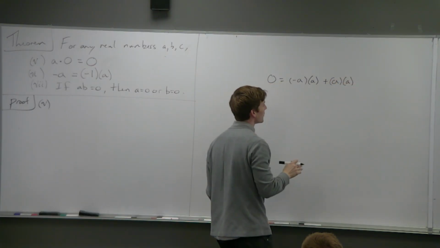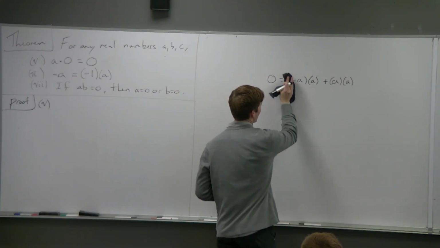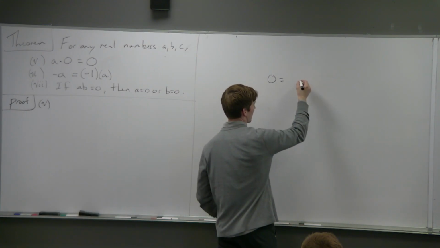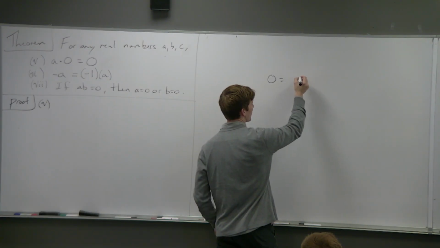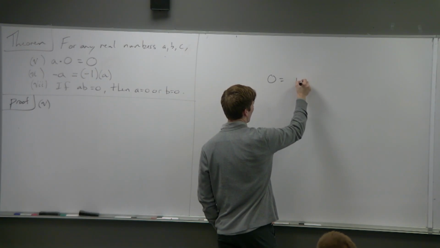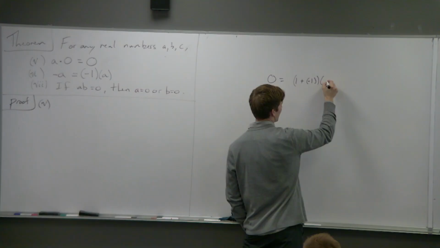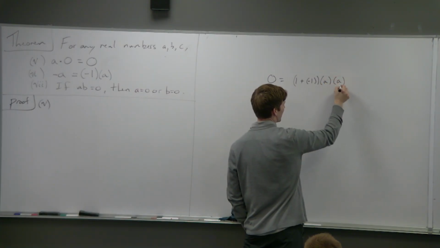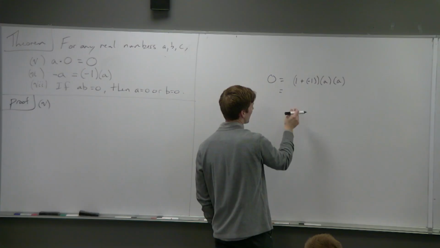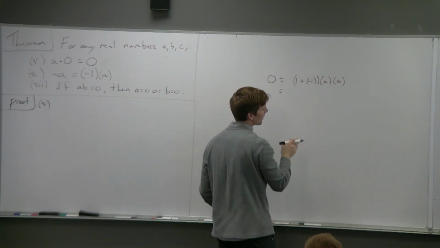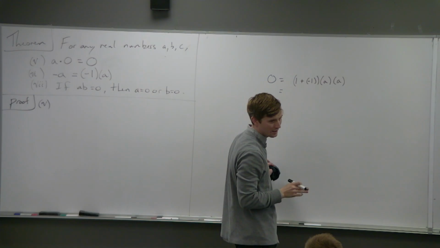OK, I see where you're trying to go. So what you're trying to do right here is effectively do this trick, where you're saying 0 is equal to 1 plus minus 1 times, say, a times a. Yeah, and then you're going like, OK, so can you do this? Is this a reasonable trick?